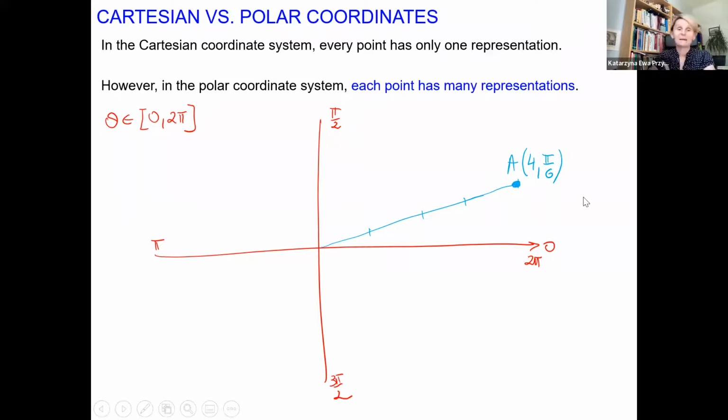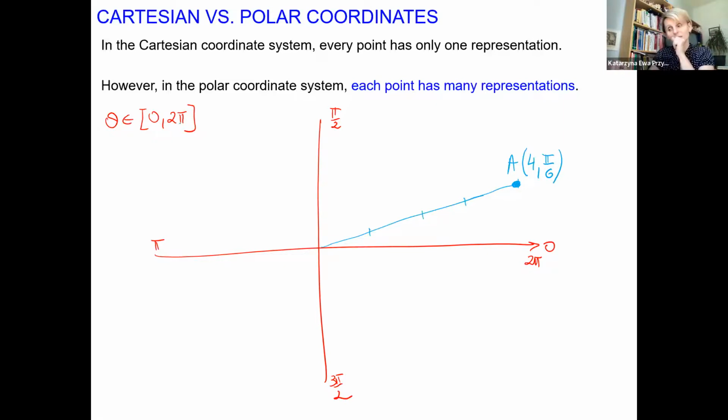Now I would like another representation of this same point, different coordinates, but still keeping the angle between 0 and 2 pi.